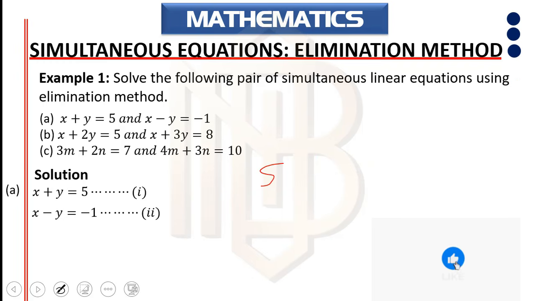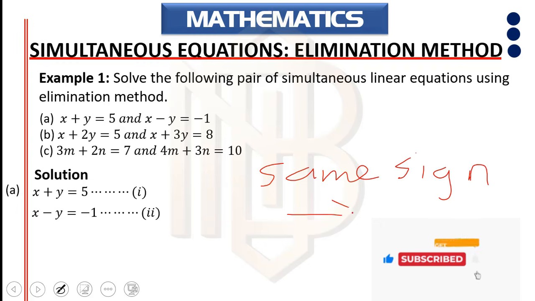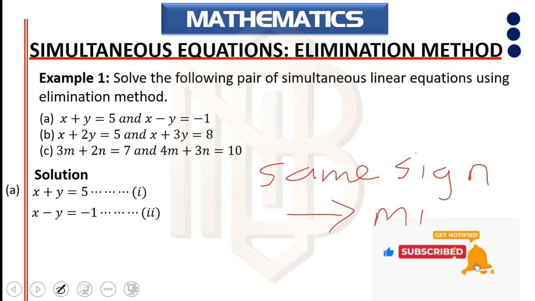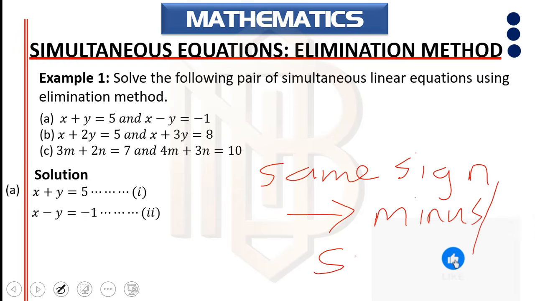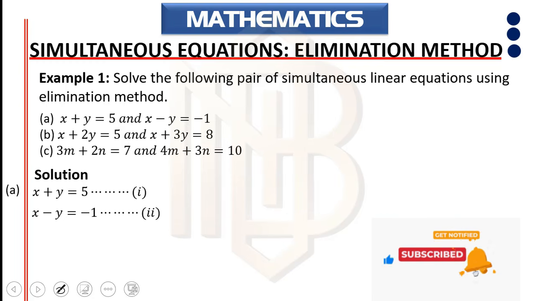When there is the same sign, we do what? We minus, or we say we subtract. All right, so let's move on with the question we are trying to solve.